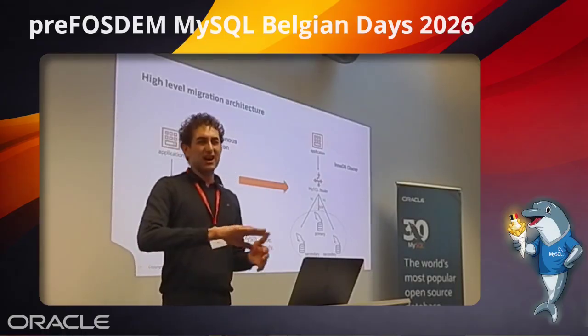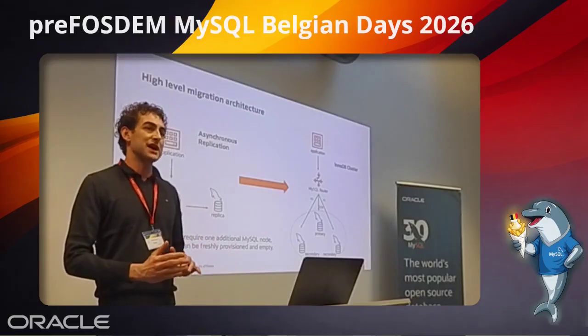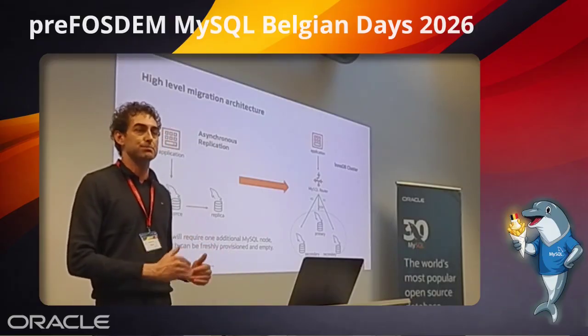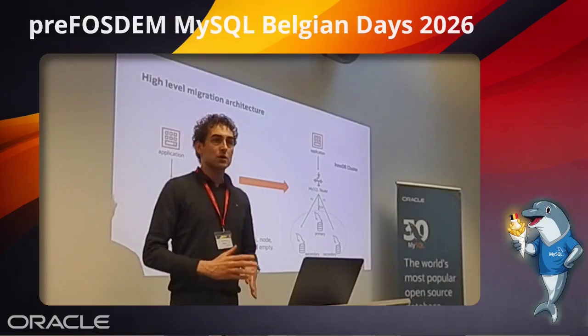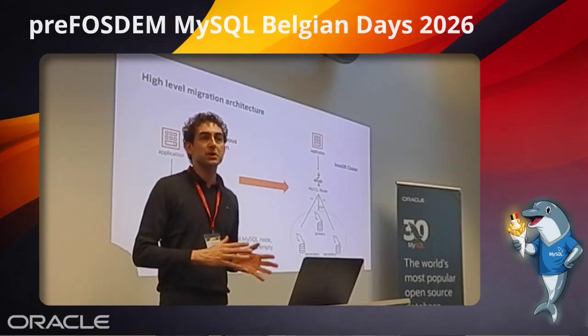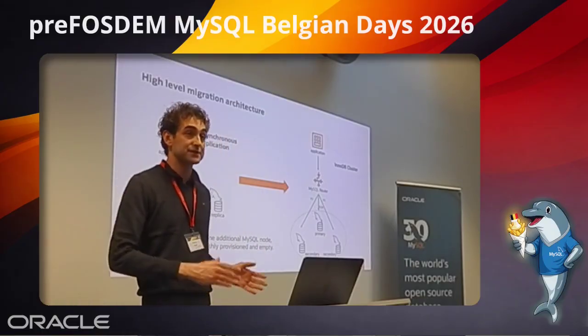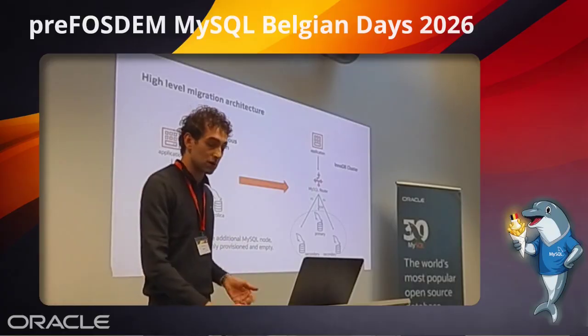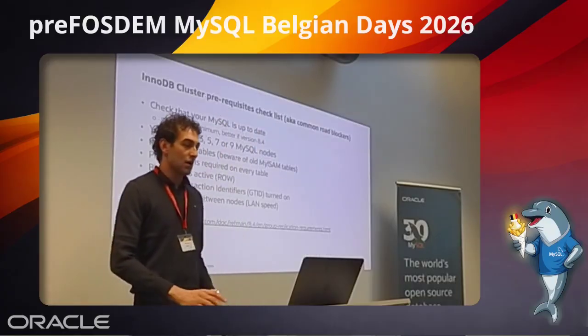Now, I'll go quickly through the next slides because a lot of this will be shown in the demo. The demo probably won't be available, but the PDF slides will be published, so I have put some instructions.